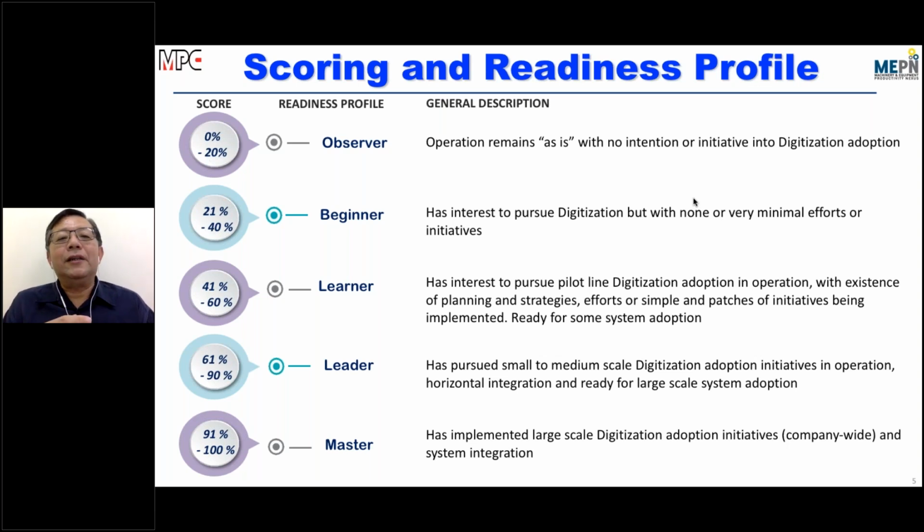Then the third one is the learner stage. So you already have some interest, you have done something, you have some pilot digitization adoption there. So you would like to scale it up. Some areas are ready, some areas are not ready. So that is the current stage for the learner.